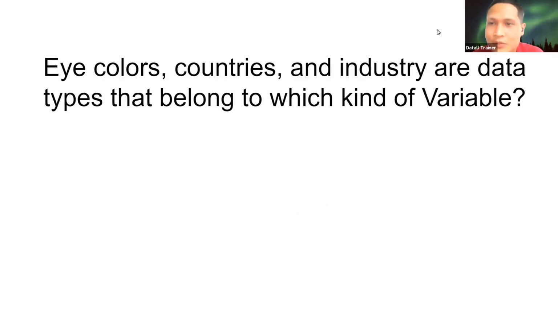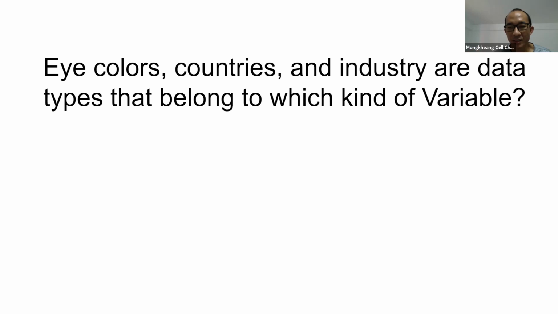Let's check this one. Let's see if you can get this one. So colors, countries, and industry are data types that belong to which variable? Is it continuous or categorical? Industry is categorical. Can you tell me or ask somebody why it would be categorical?